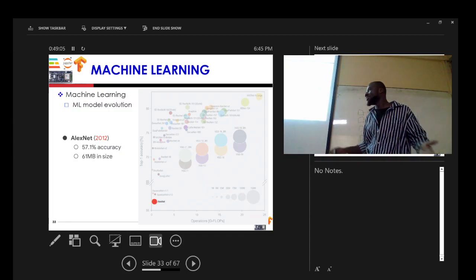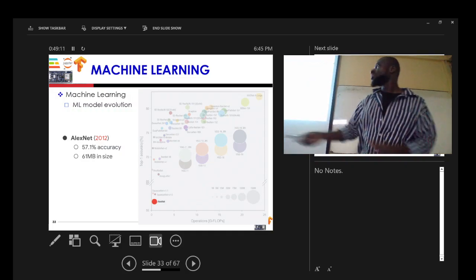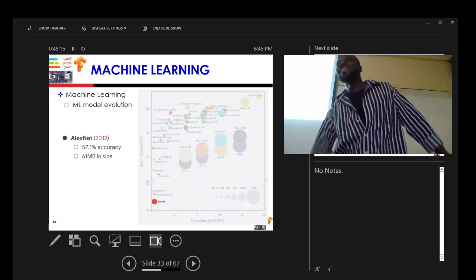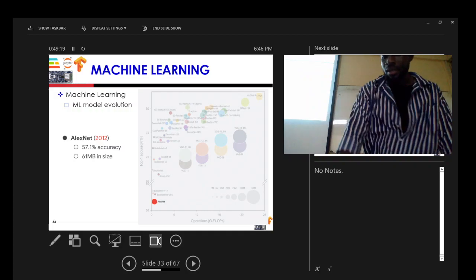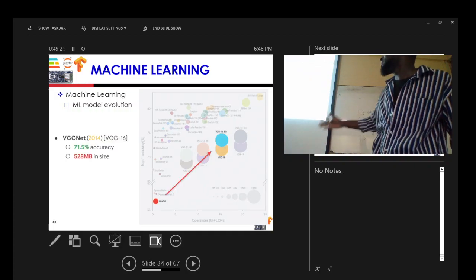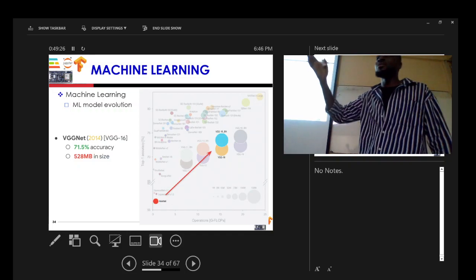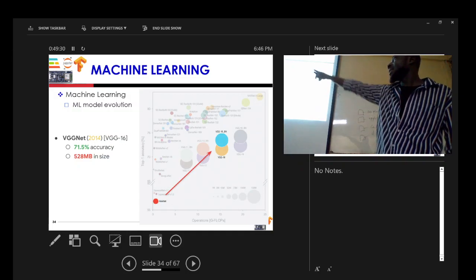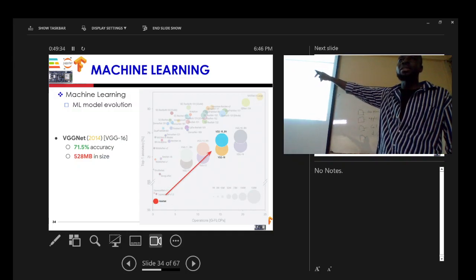Now imagine if it was a medical device with an accuracy of 57%, then nobody would even use it. But the size was 61 megabytes. The next one, also the same classification, came in about 2014, about 2 years later. Some people designed an algorithm known as VGGNet. The accuracy increased to 71.5%.